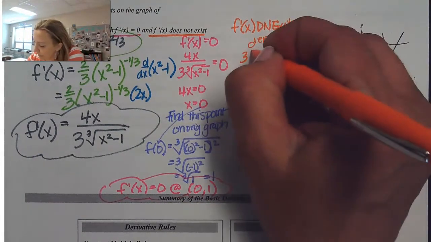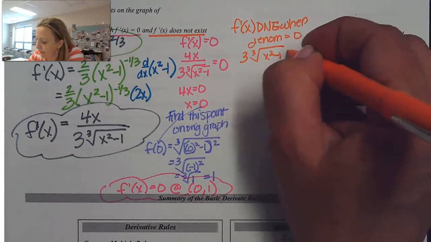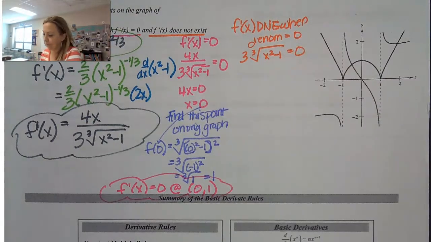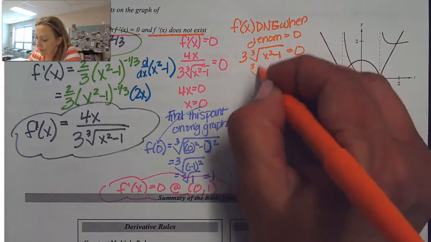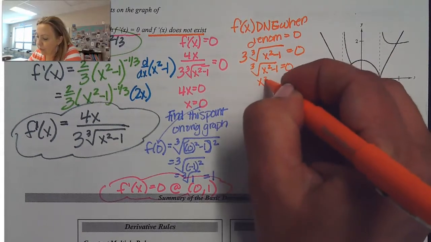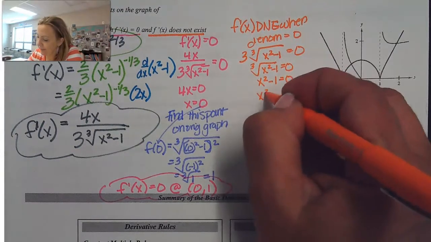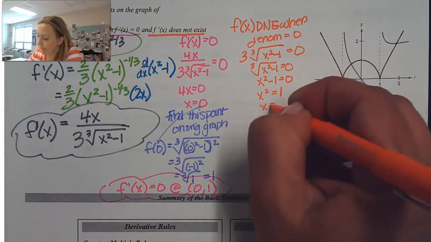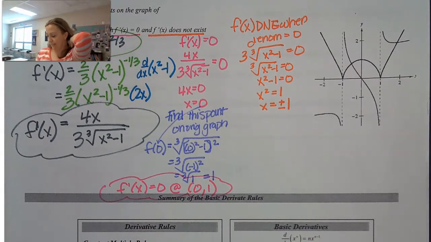So let's set 3 times the cube root of x squared minus 1 equal to 0. So if we do all the steps, I could multiply by 3. I know that doesn't do much. We can cube. I know that doesn't do much. And then we can solve, and we find that there are 2 points that would occur when x is 1 and when x is negative 1.